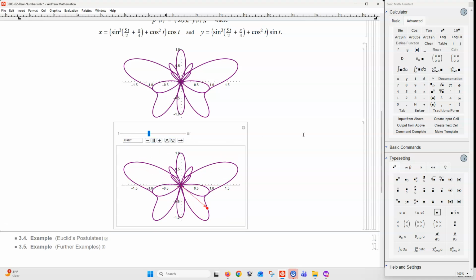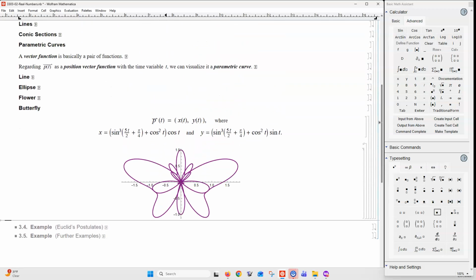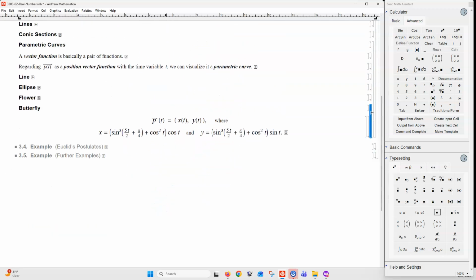Slow down a little bit. I just named it butterfly for an obvious reason. And then again, you can retrieve this purple curve by taking a trace of a moving dot, and the parameter here is t, and that represents time.